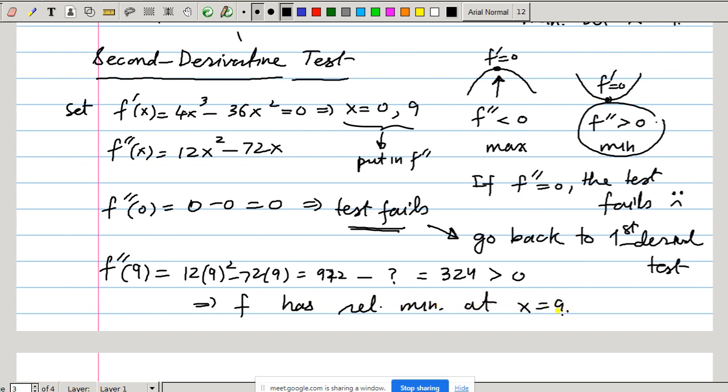So this test is easy, but sometimes it fails. When it fails, we have to go back to the first derivative test. First derivative test never fails. Test fail means I do not know whether there is a maxima minima or nothing.